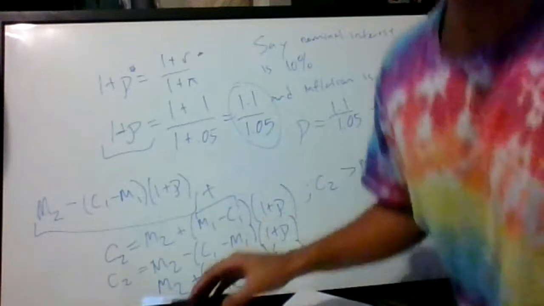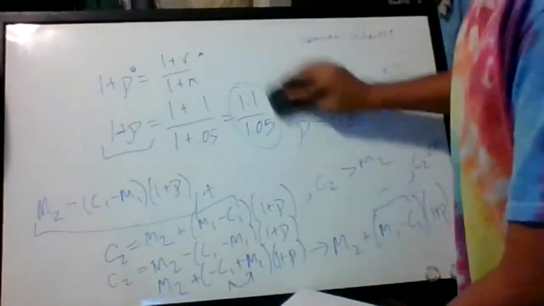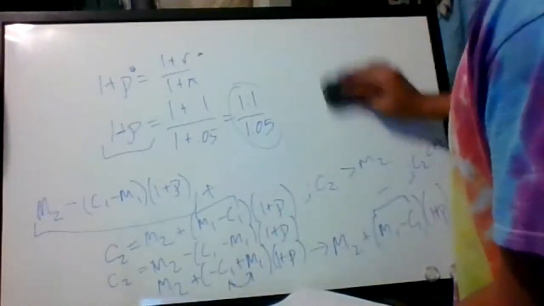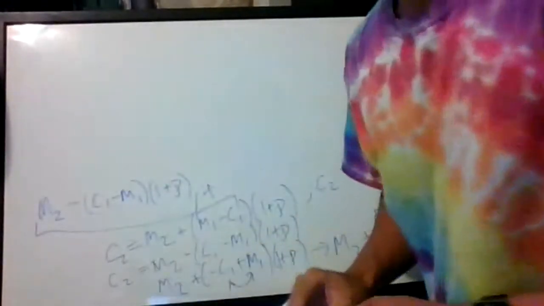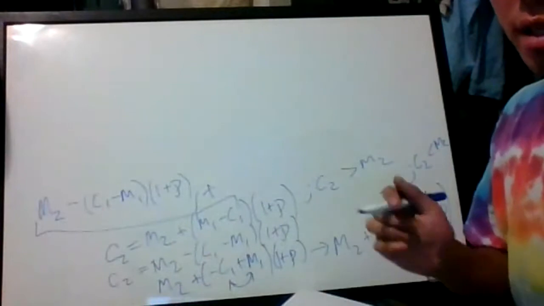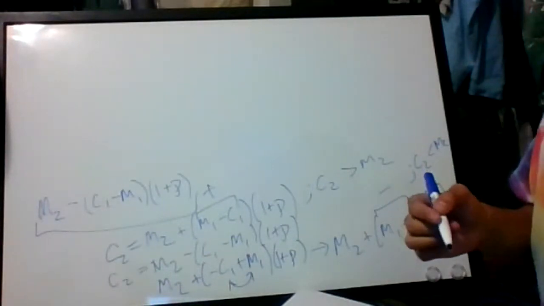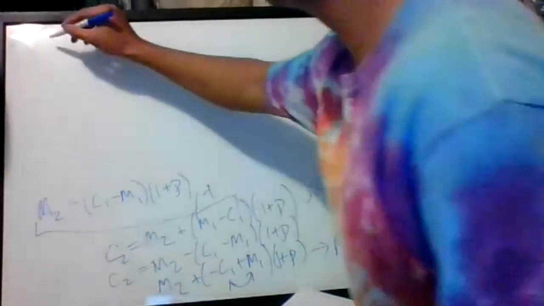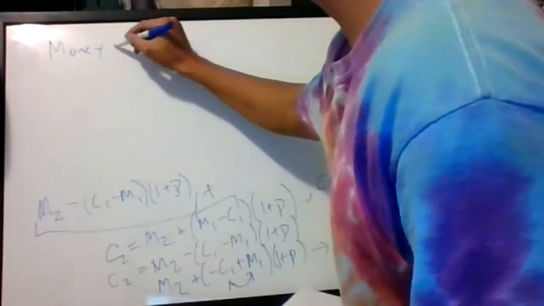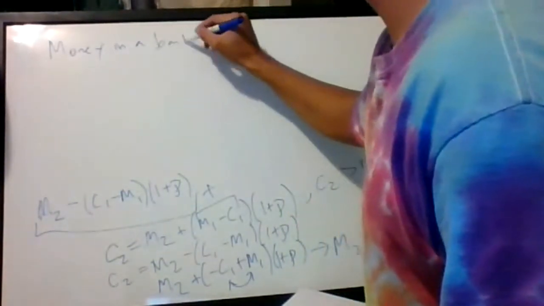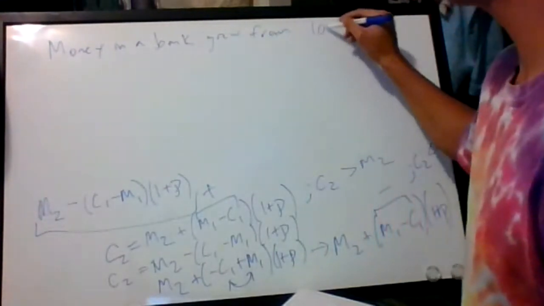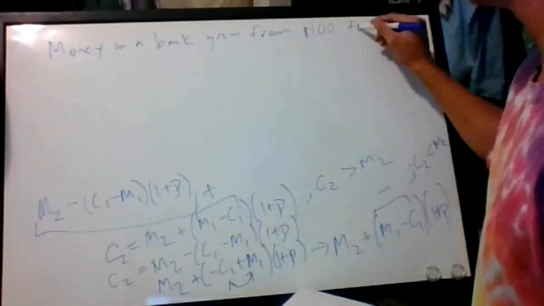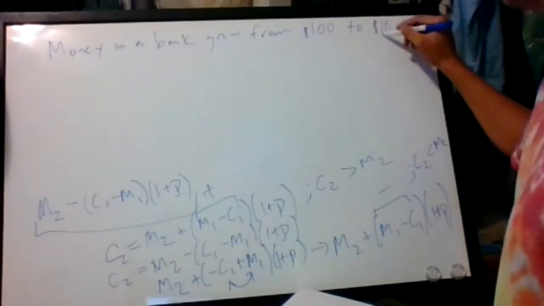And so I will give you guys a warning in that the way that he describes what the interest rate and what the inflation rate are might be a little bit tricky to understand. So he might say money in a bank account grew from $100 to $107.